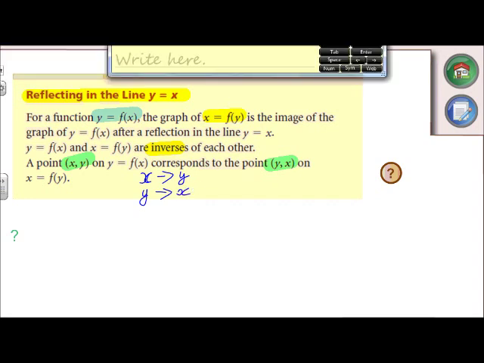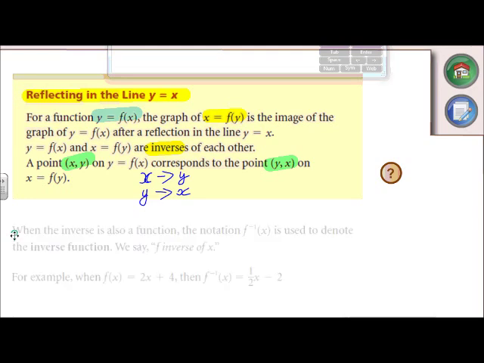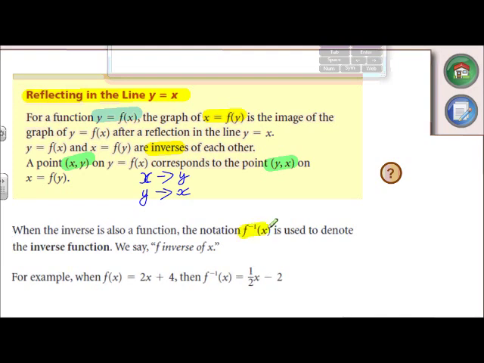Let's look at the other notation that we have here for these. And that other notation is the inverse of f at x, or f inverse of x. You've seen these before. You've used this notation before.